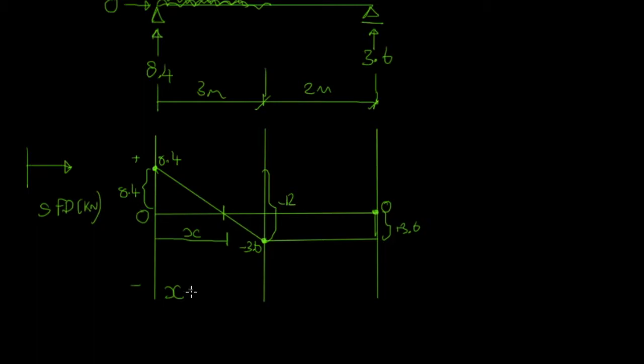X equals 8.4 divided by 4 kilonewtons per meter, and that should be kilonewtons in there, but I forgot to write that, and that is 2.1 meters. So our point of interest is acting 2.1 meters along the beam.